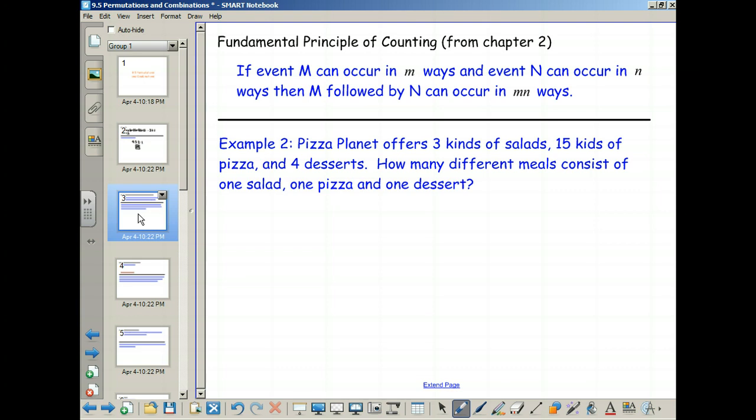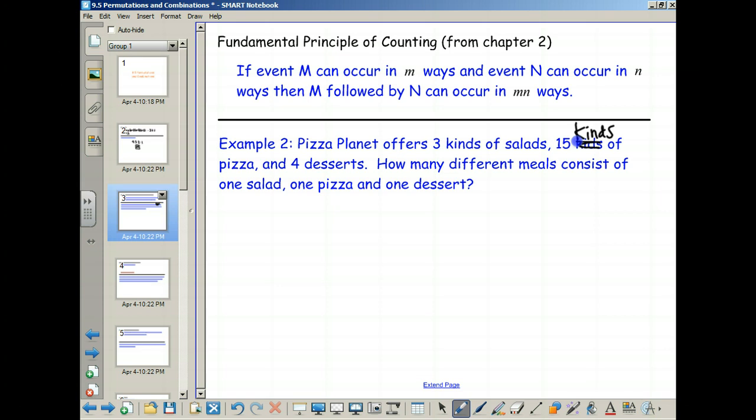Pizza Planet offers 3 kinds of salad, 15 kinds of pizzas, and 4 desserts. The question is, if you can make a meal of 1 salad, 1 pizza, and 1 dessert, how many different meals could you make? This is a really straightforward problem. What do you have to do?